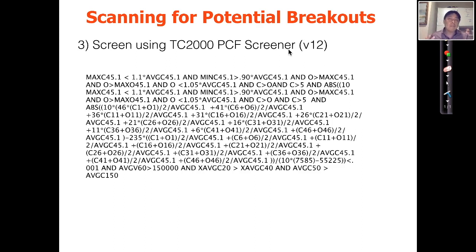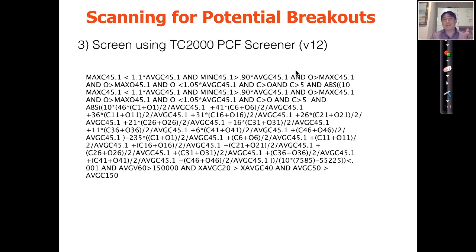It's about $350 a year, and you can custom make scans to scan for stocks with a certain setup in mind. We use it to scan for bounce setups and impulse pullback setups. You can also scan for breakout setups, and you can download the PCF script that's been written for that. But I must say it's really hard to tell the screener to look for a breakout of consolidation that is going to be tested 3 times.